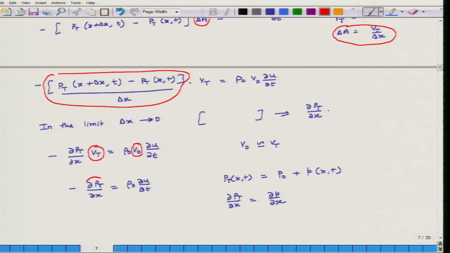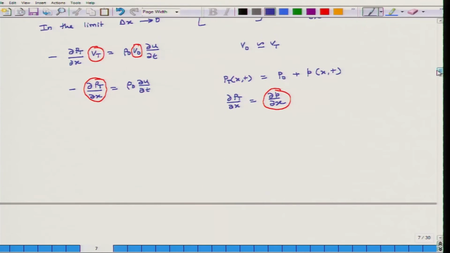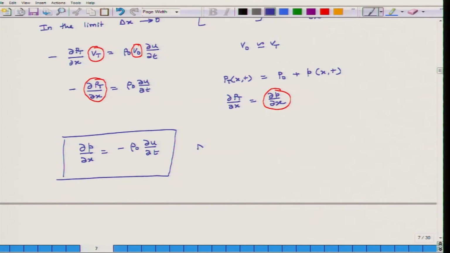So, we plug in this equivalence, and finally we get the momentum equation, which is partial of p with respect to x equal to minus rho naught partial of u with respect to t. So, that is my momentum equation.